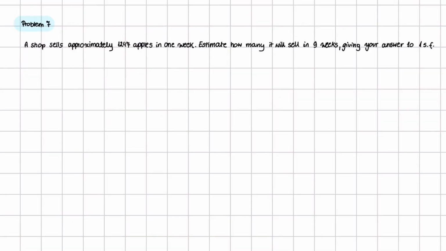Problem number 7. A shop sells approximately 1,247 apples in 1 week. Estimate how many it will sell in 9 weeks, giving your answer to one significant figure.